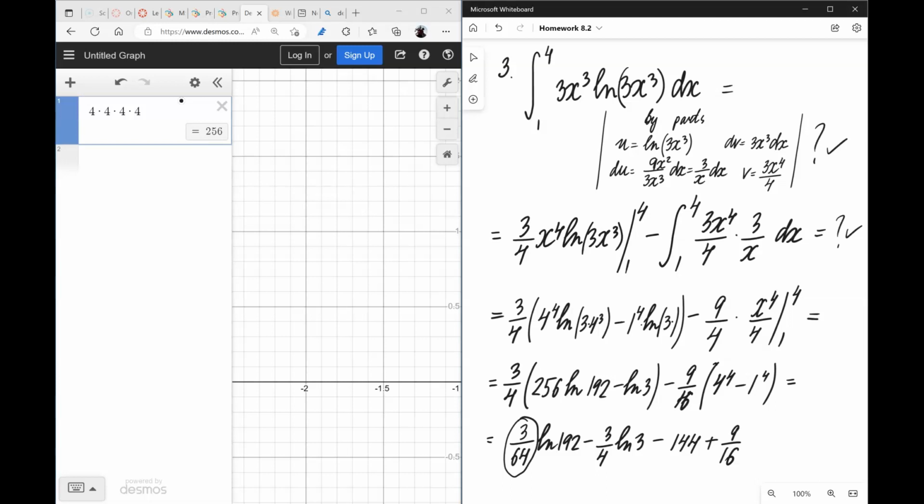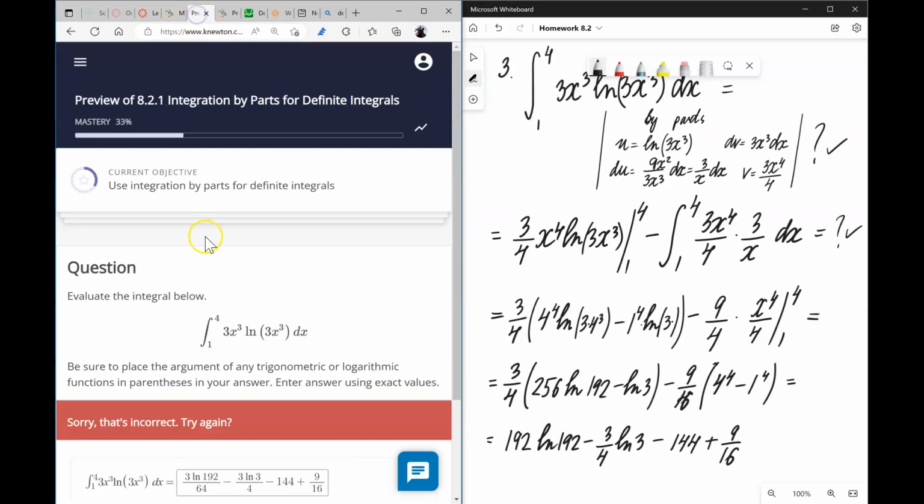This is actually 3 times 64. So let's see, 3 times 64, it's 192. So that's the typo I found. Hopefully it's the only mistake, because I don't want to redo this problem. But let's try. I mean, that was a clear mistake.